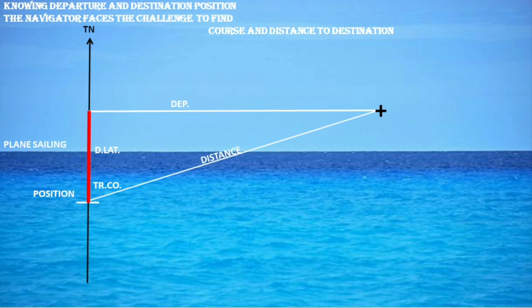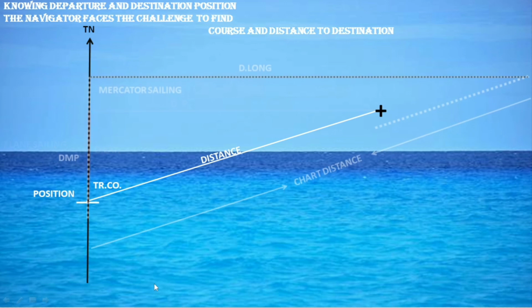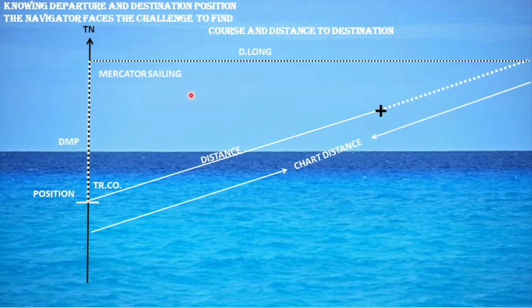Then we'll talk about plane sailing, in which you sail across the two places obliquely, in which we'll be talking about again d'lat, departure, distances. And finally, we'll talk about Mercator sailing, in which we use different terms like DMP, that's your difference in meridional parts, and D-long.